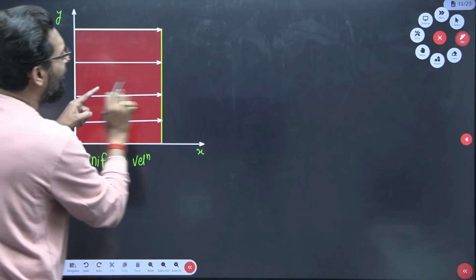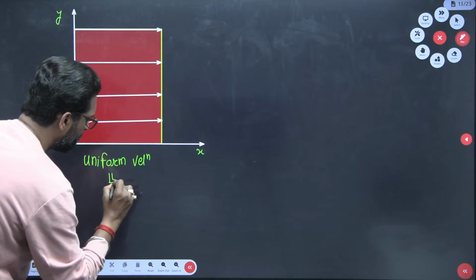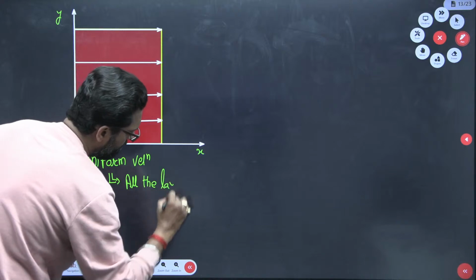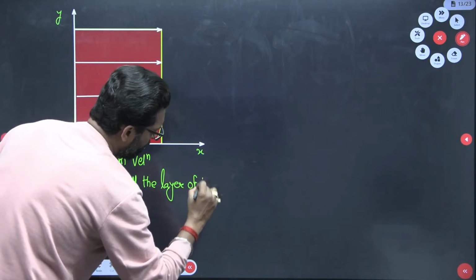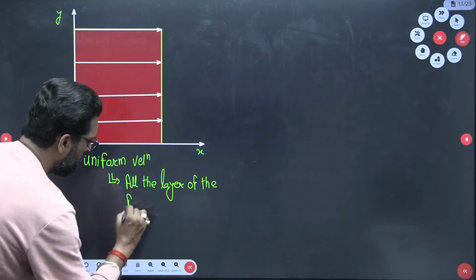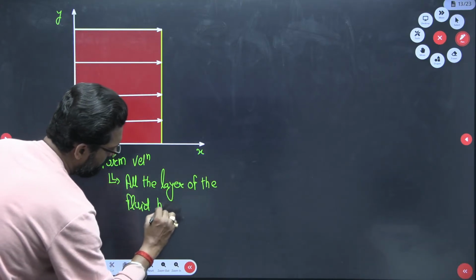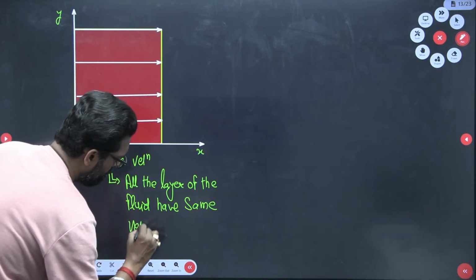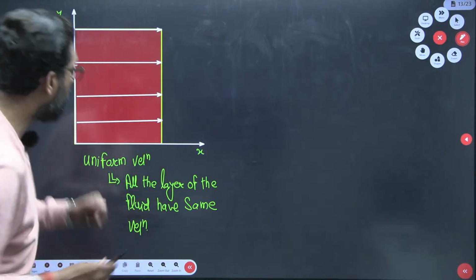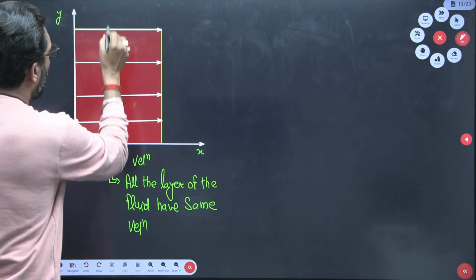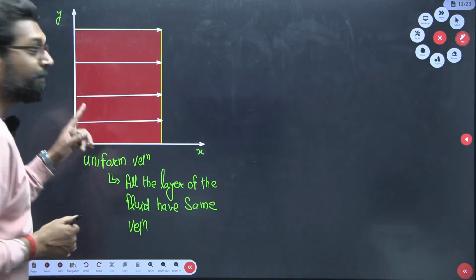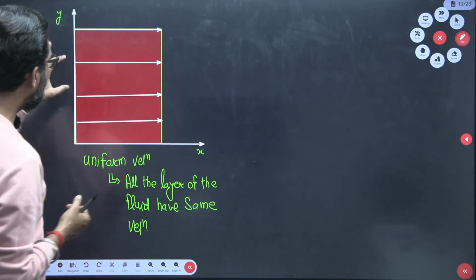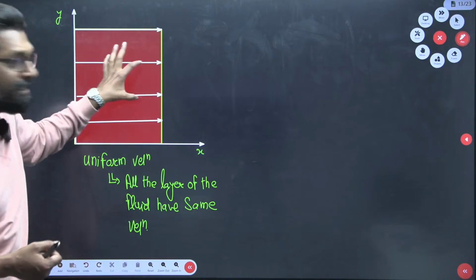That means all the layers of the fluid have the same velocity. So if the velocity is the same, there is no gradient. At any point of dy, the change in velocity is 0.